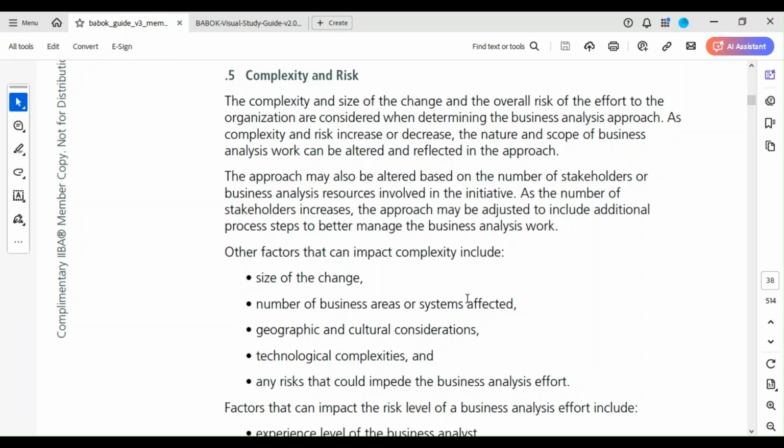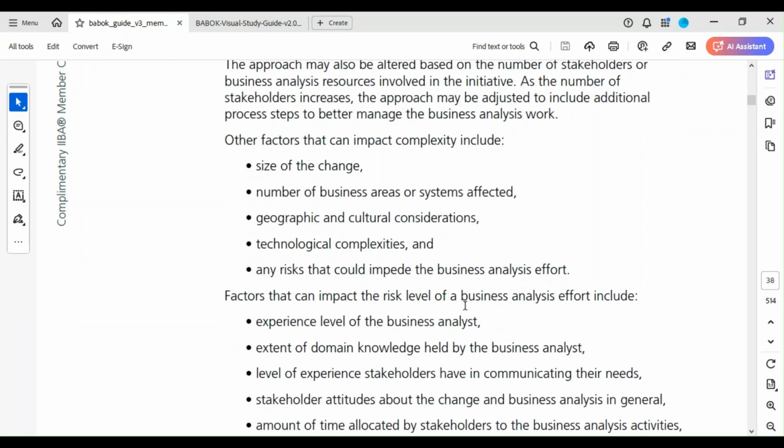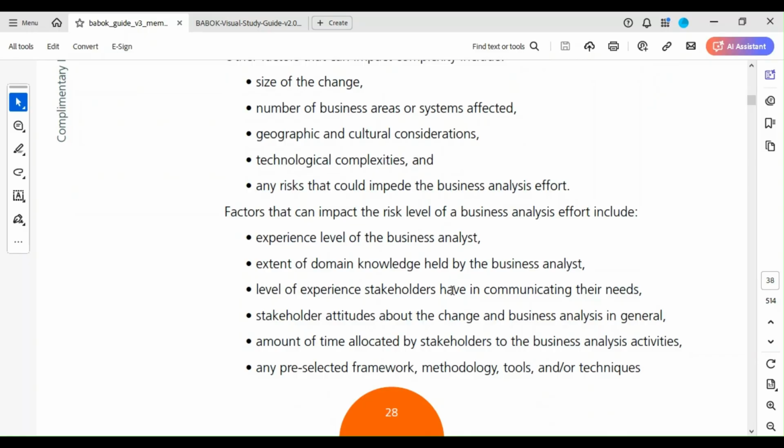Other factors that can impact complexity include size of change, number of business areas or systems affected, geographic and cultural considerations, technological complexities, and any risk that could impede the business analysis efforts.